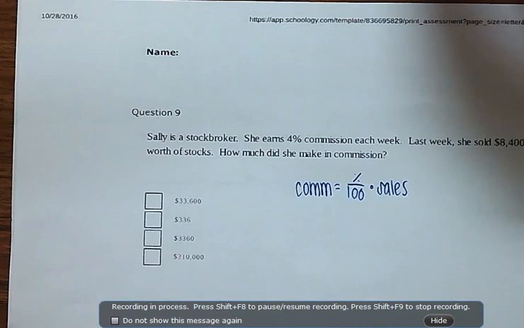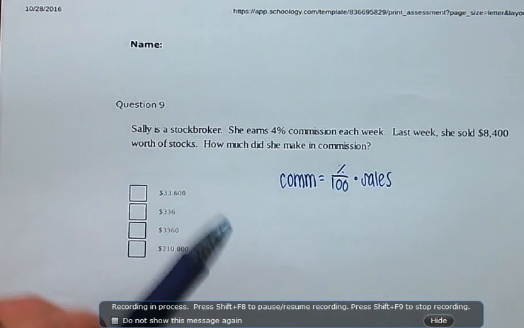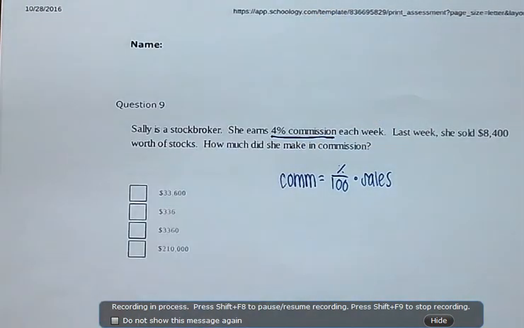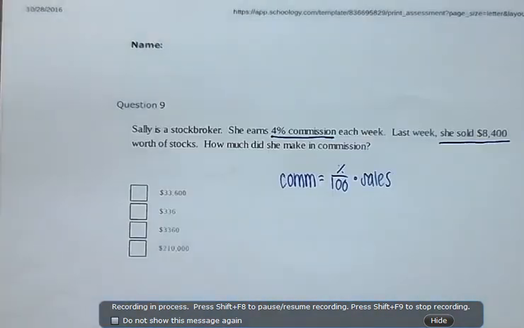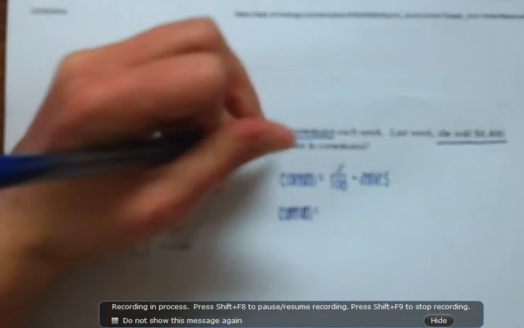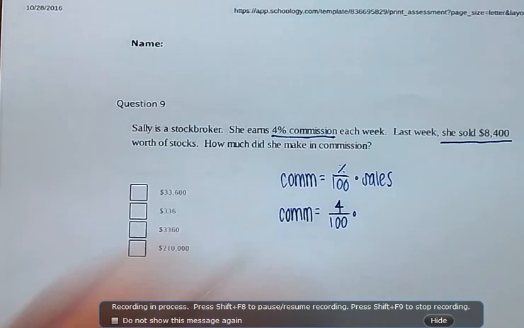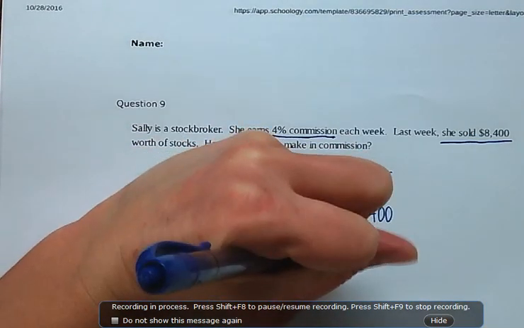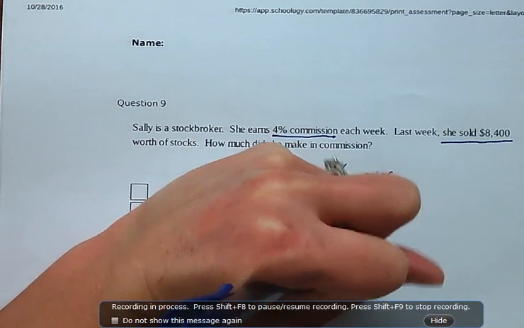Now notice what it says here. She earns 4% commission, so that's going to be our percent. It says last week she sold $8,400. That's going to be our sales. So commission is equal to our percent, 4%, so 4 out of 100, times our sales, 8,400. 4 divided by 100 is where we start, just like the last example. 4 divided by 100 gives me 0.04 times 8,400.